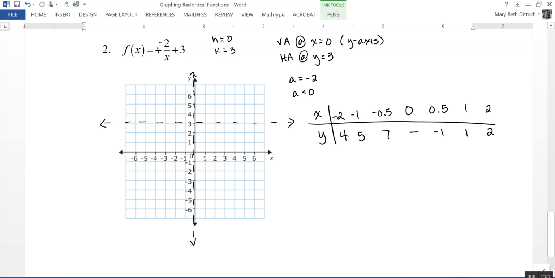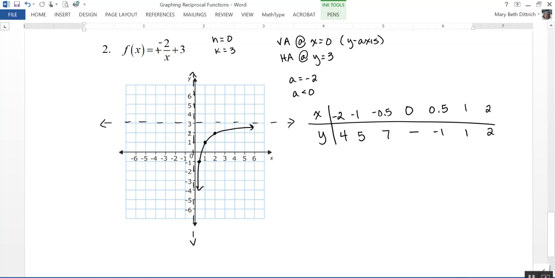And graphing those. So when x is 1/2, I have negative 1. Whoops, that's positive 1. Negative 1. And then I have the 0.11, and then I have the 0.22. And so that's going to look like this. And I'm noticing that, yes, this is a little bit wider, which makes sense because the absolute value of a is greater than 1.